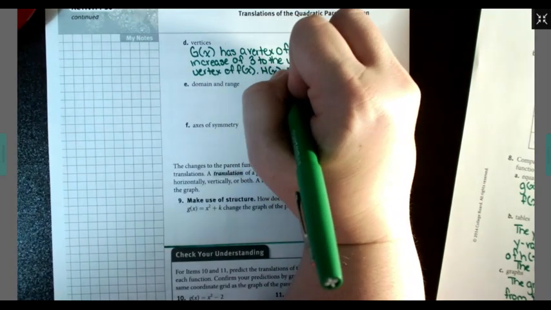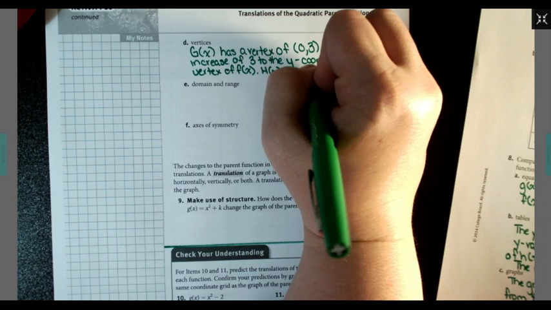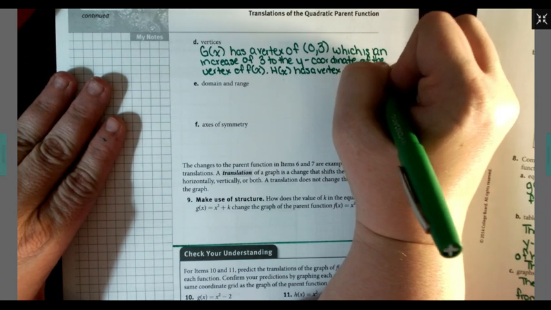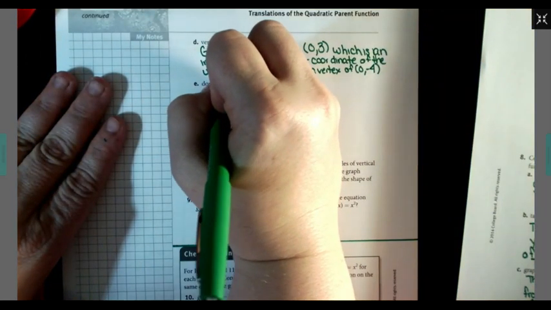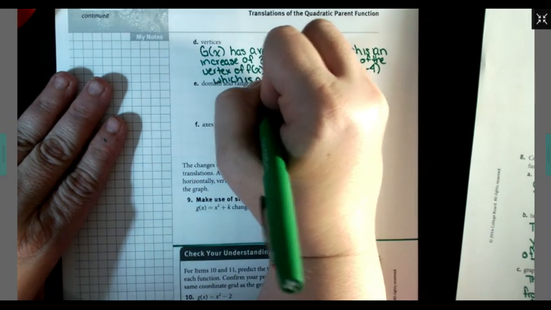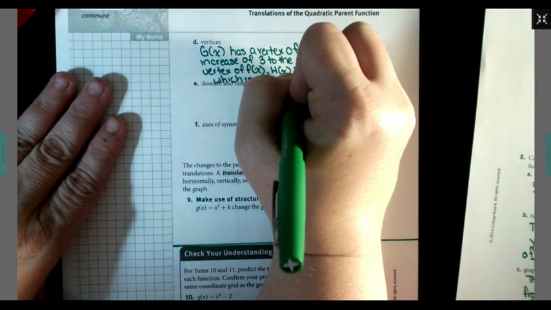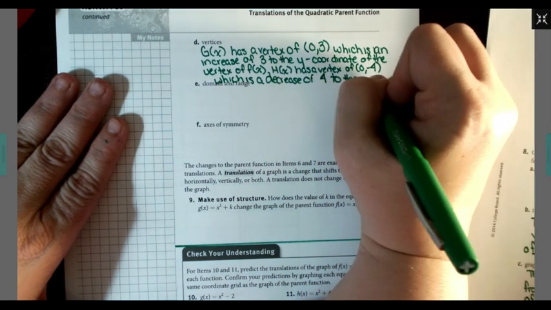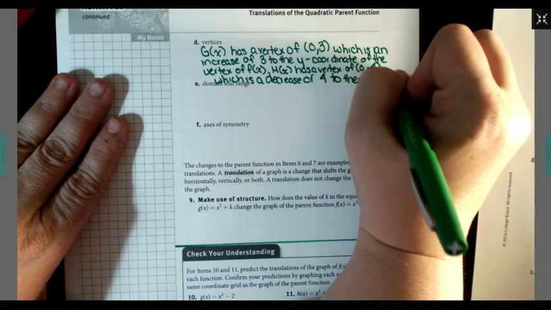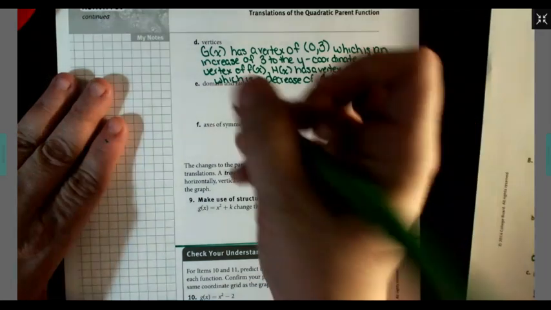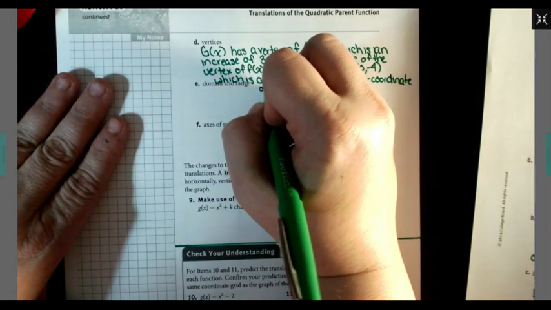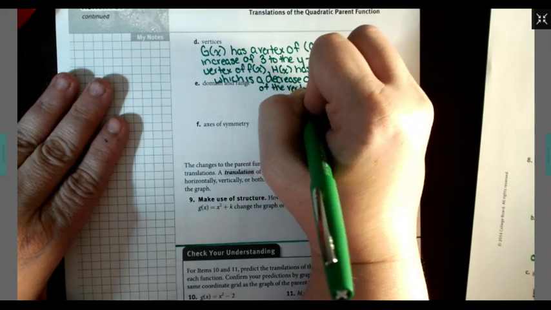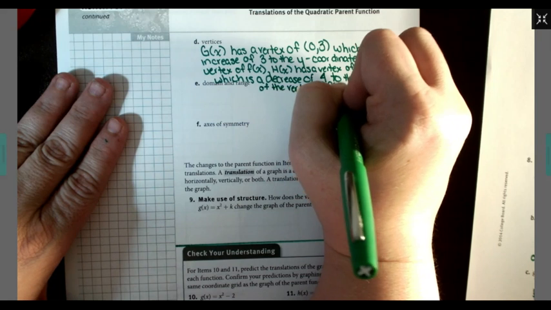H of x has a vertex of 0, negative 4, which is a decrease of 4 to the y coordinate of the vertex of f of x.